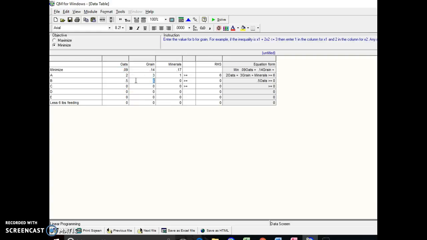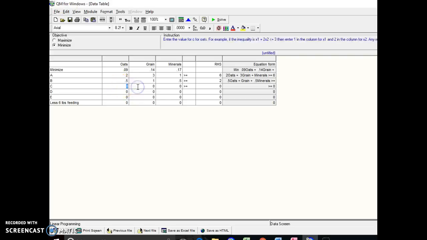In the grain, I'm just grabbing a piece of paper so I can keep track of all these. Okay, so that's 0.5, 1, and 0.5 units in the minerals for B, and it's got to be greater than 2 units.